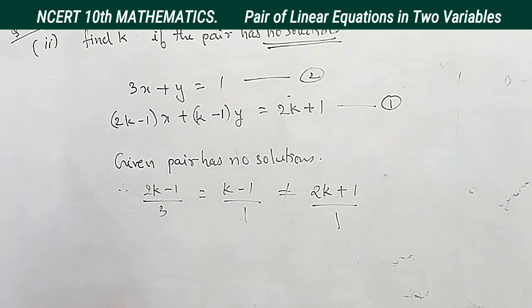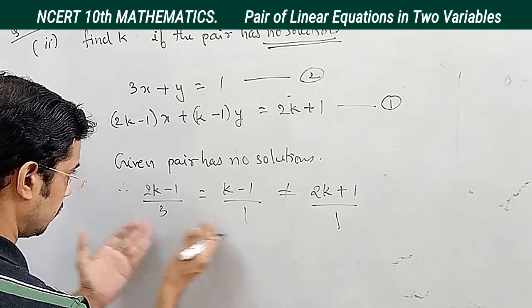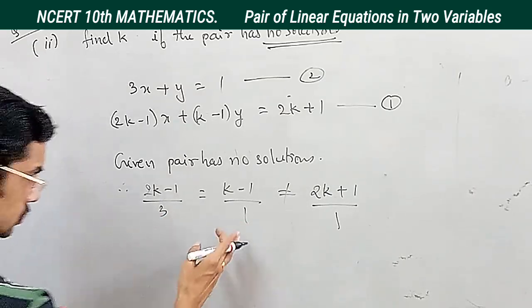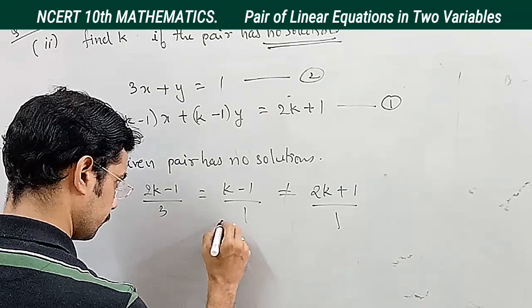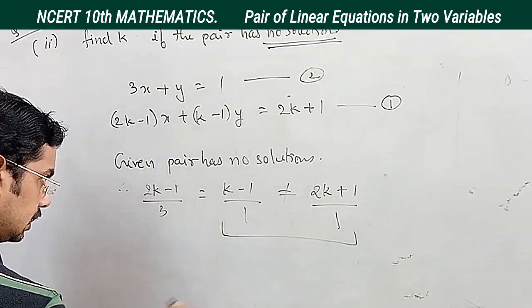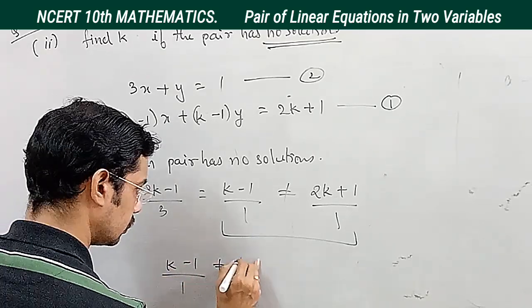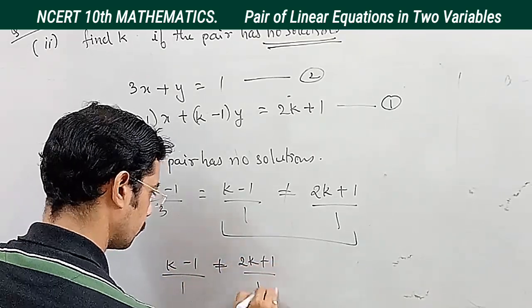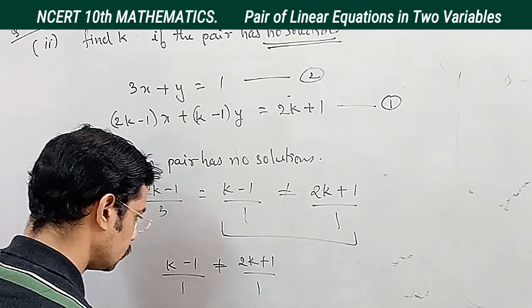So now what can we do? Now I shall be comparing. Comparing these two will make no sense, so let me compare these two. So (k minus 1) by 1 is not equal to (2k plus 1) by 1. Okay, so k minus 1 is not equal to 2k plus 1.